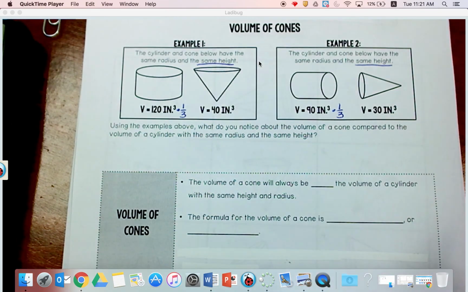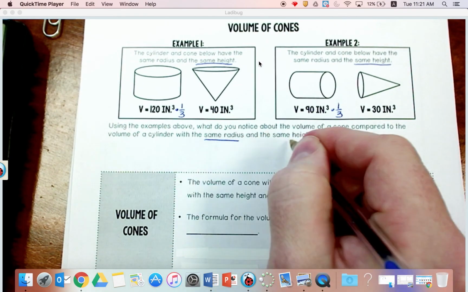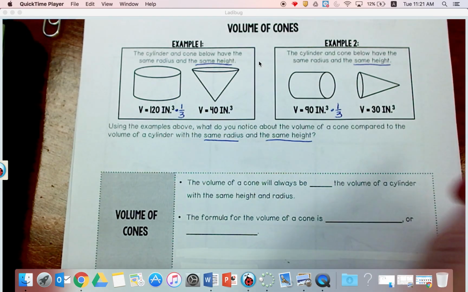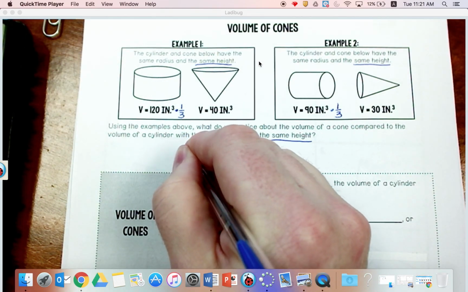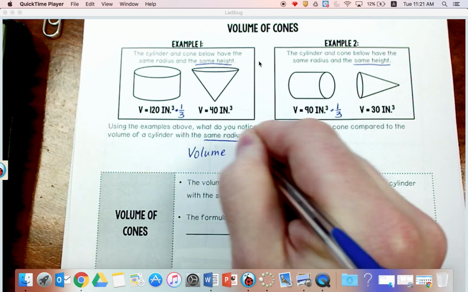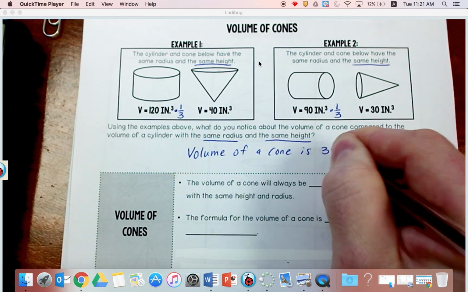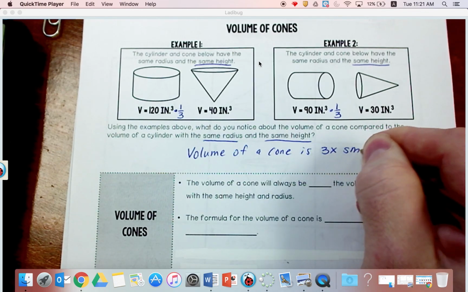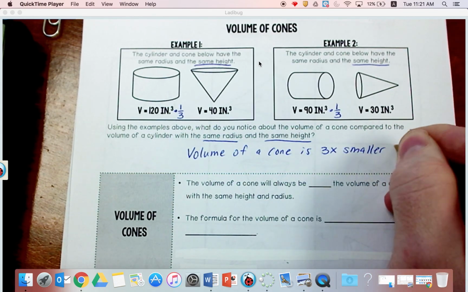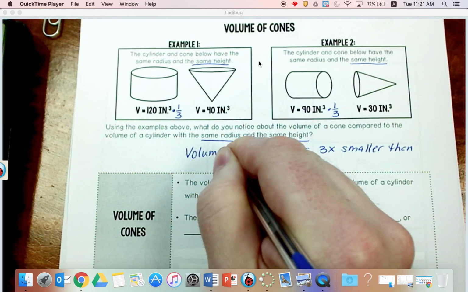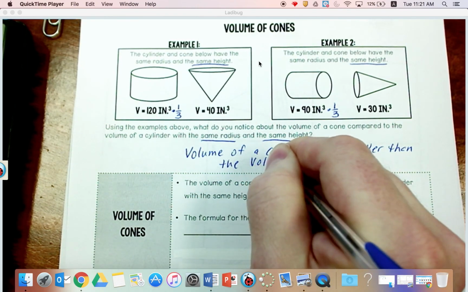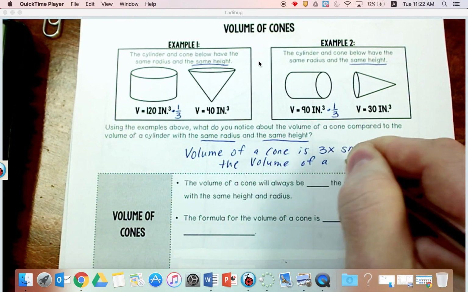So using these examples, you can see that the volume of a cone compared to the volume of a cylinder with the same radius and the same height is going to be 3 times smaller than the volume of a cylinder.